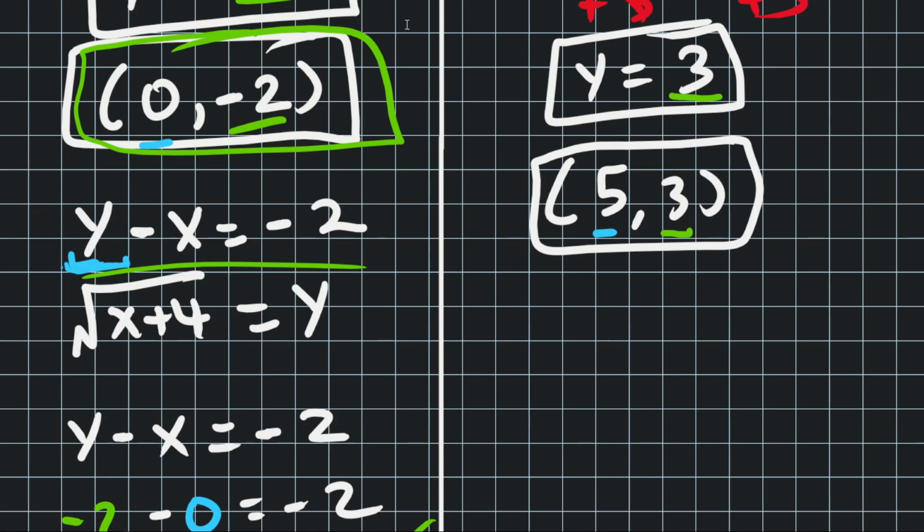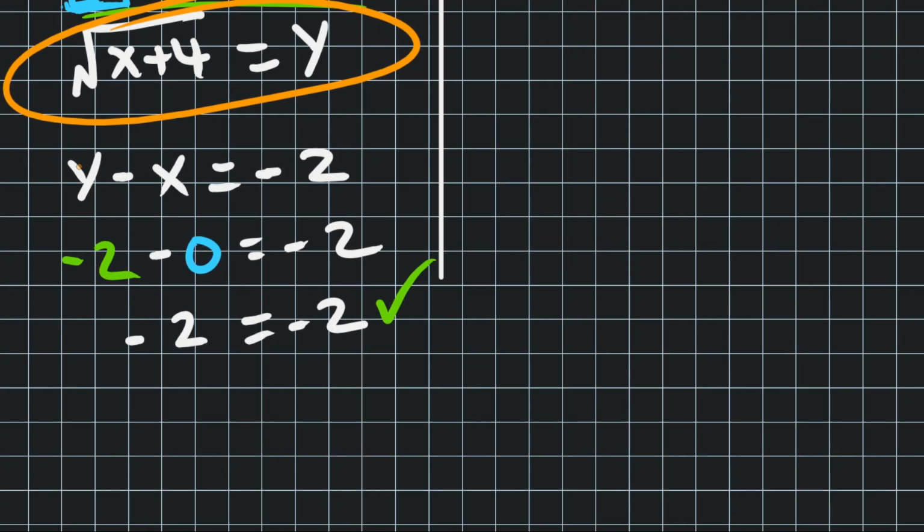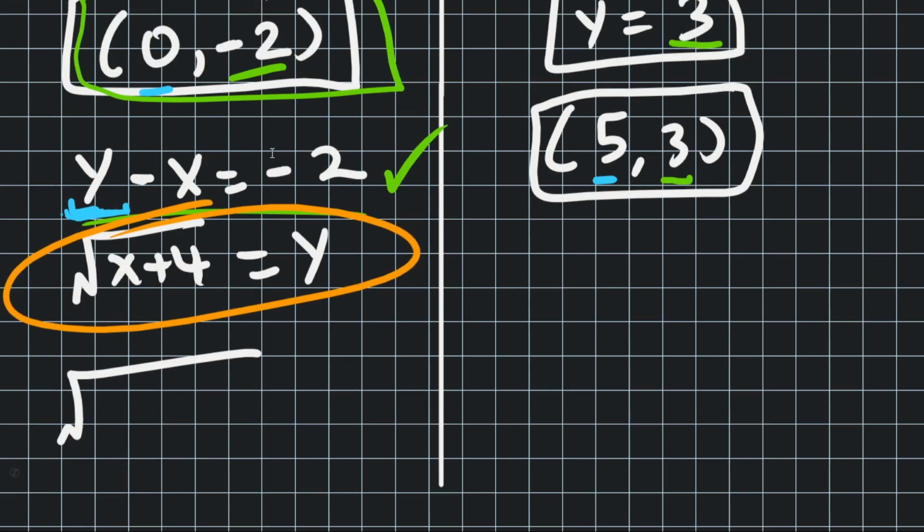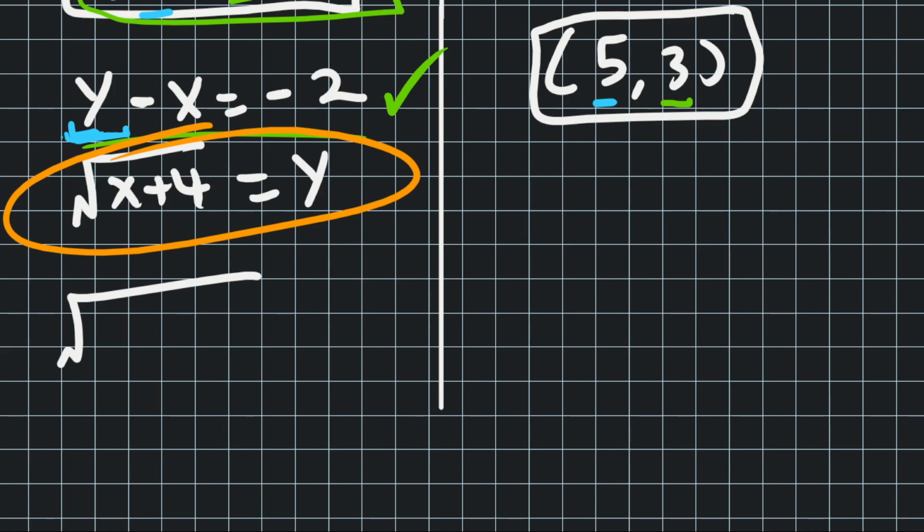But now we have to test this second equation right here. Radical x plus 4 equals y. So for the first equation, it passes, so I'll give it a check mark. And for the second equation, radical x plus 4 equals y. What is our x? Our x is 0, so we'll put a 0 there. Plus 4 equals, and our y is negative 2.